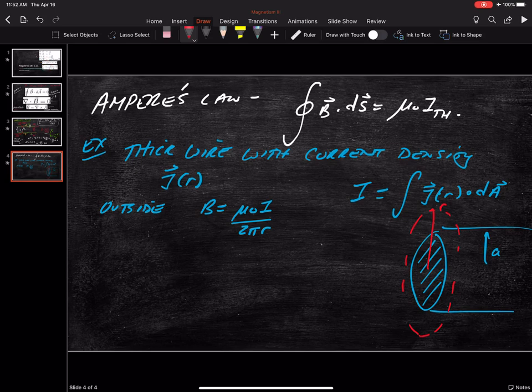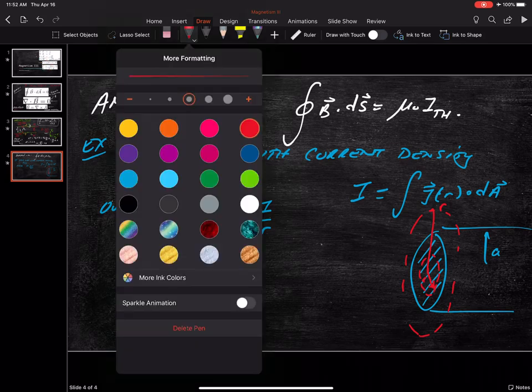And this is exactly the same thing as we saw for Gauss's law for electricity. If you're outside the electric ball, then you just see Coulomb's law. But now, what if you're inside? Now suppose I come out here a distance r. Well, now in that region, you don't enclose the entire current, only a part of it. How do you do that? Well, I think you might be able to guess.